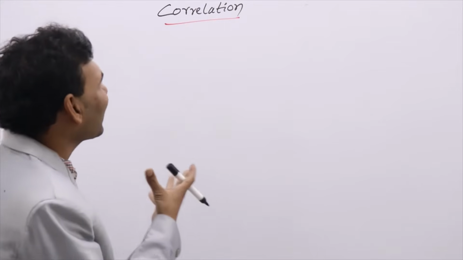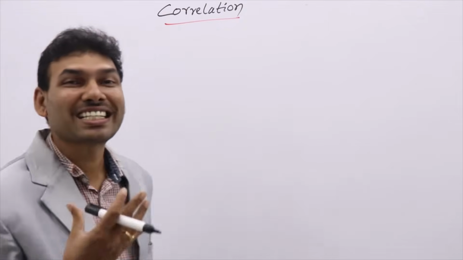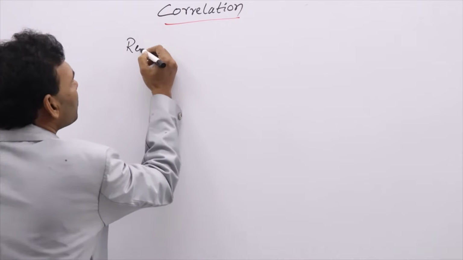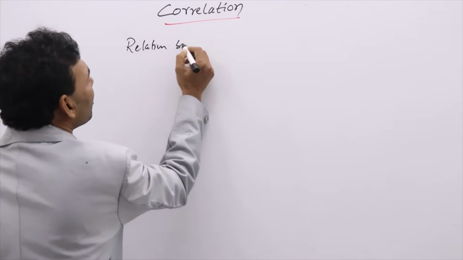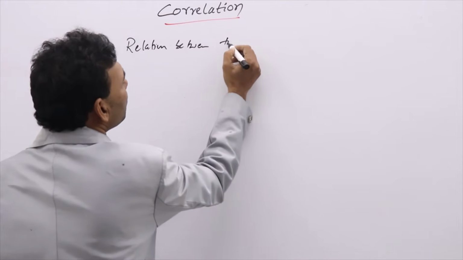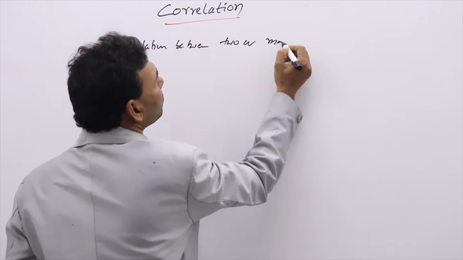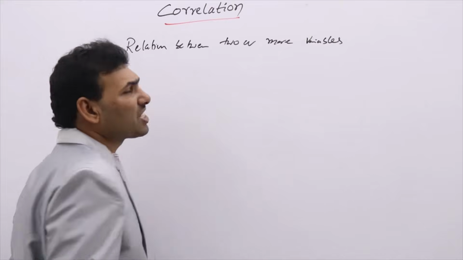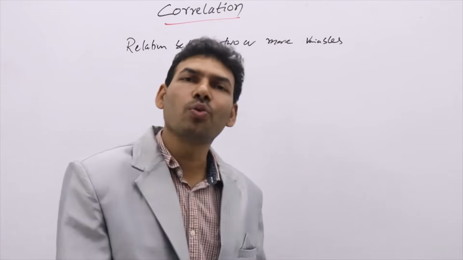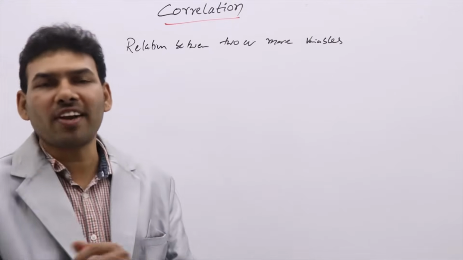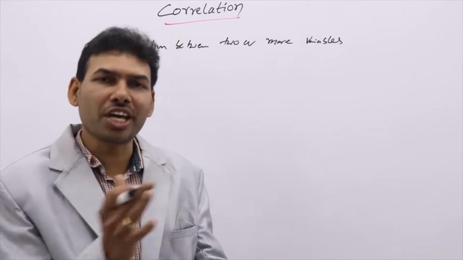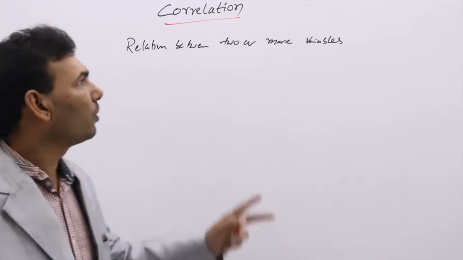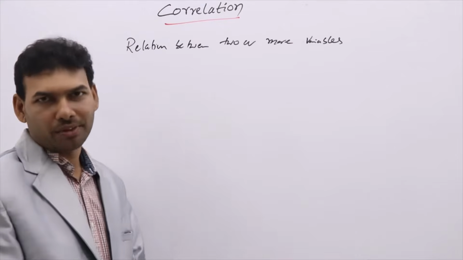It is a statistical analysis which describes the relation between two or more variables, how they change with the change of another. That we will discuss in correlation.